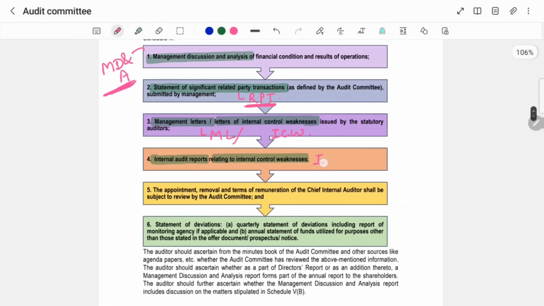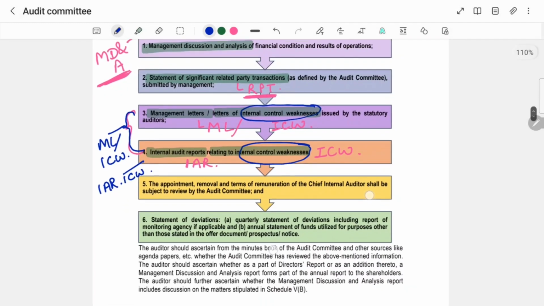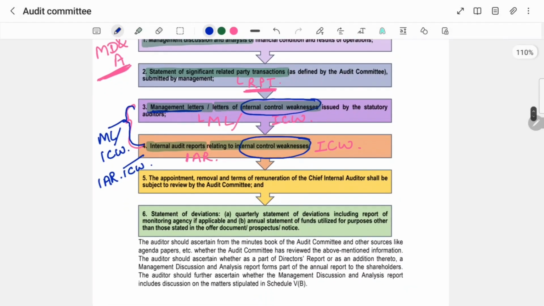So two points are similar. Here is management letters, here is internal audit reports, and both relate to internal control weaknesses.